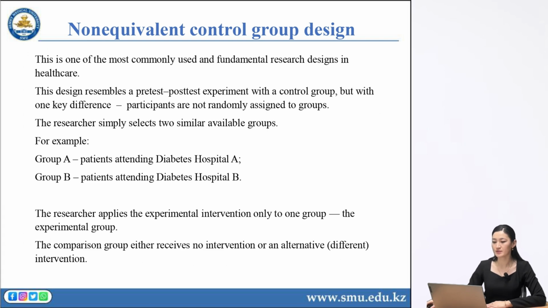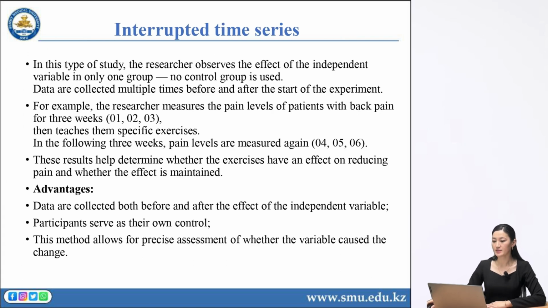Interrupted time series. In this type of study, the researcher observes the effect of the independent variable in only one group. No control group is used. Data are collected multiple times before and after the start of the experiment.